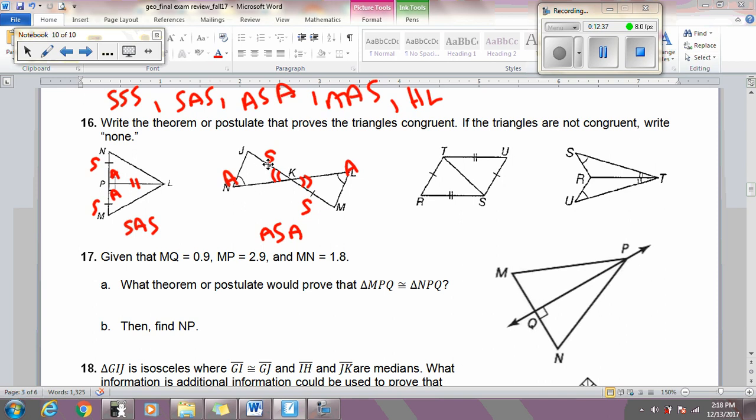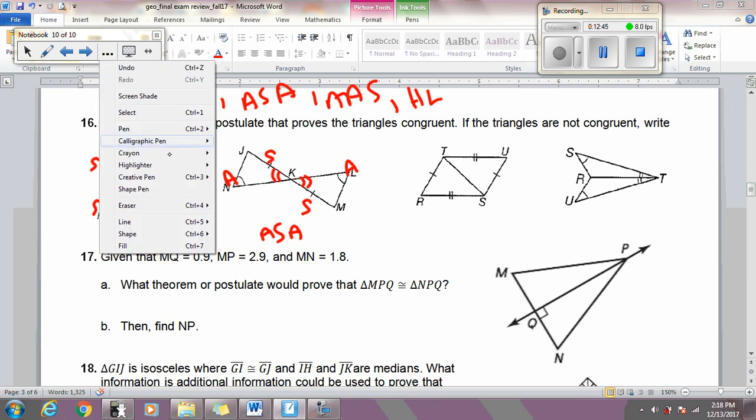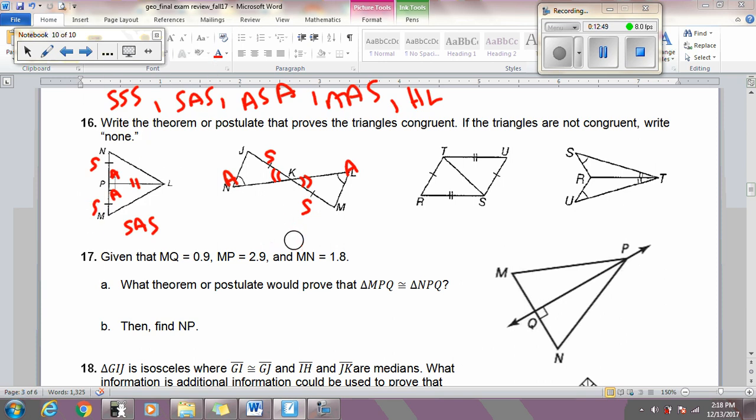Since it's not between, we have to say angle, side, angle. I'm sorry. I just contradicted myself. Erase. It's supposed to be angle, angle, side. Again, because the side is not marked between the 2 angles.